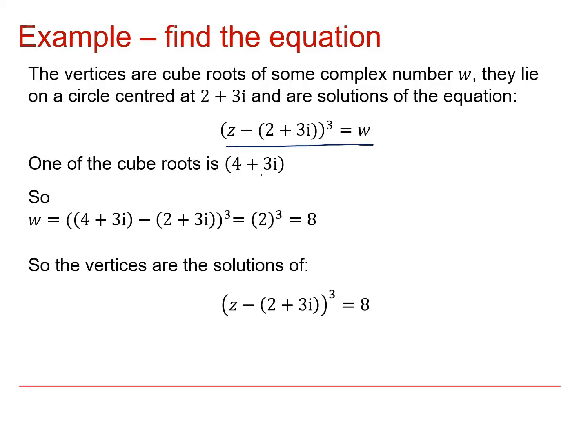I know about 4 plus 3i, so putting that in and working it through, I get a value for w of 8, and so the vertices are the solutions of this. We're going to solve this by essentially treating it as z cubed equals 8 to start with, and then when we get each of the roots, we'll add the 2 plus 3i back in so that we get the final result. Let's have a look at how that's done.